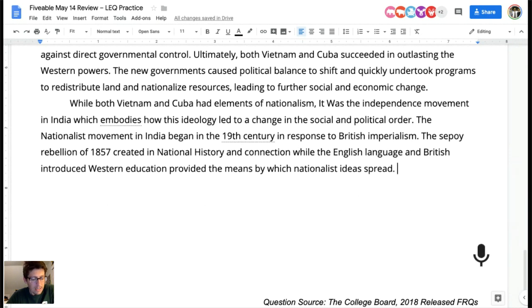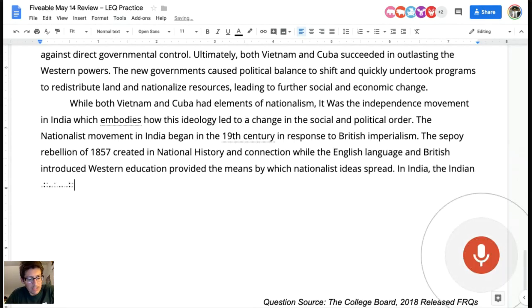All right. In India, the Indian National Congress and the Muslim League fanned the flames of nationalism.